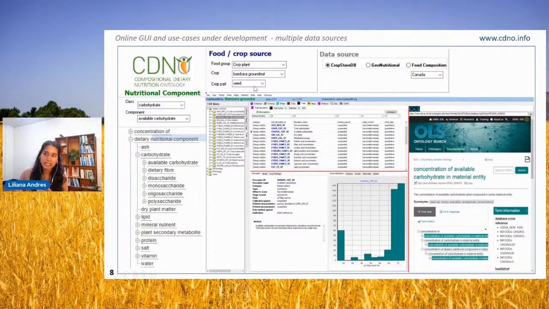We have leaves or seed. And you can also filter or find information for a specific database. So this is mostly how we intend to use the CDNO. We could access the data by different filters using the ontology. And this is an example for Bambara groundnut, a legume.